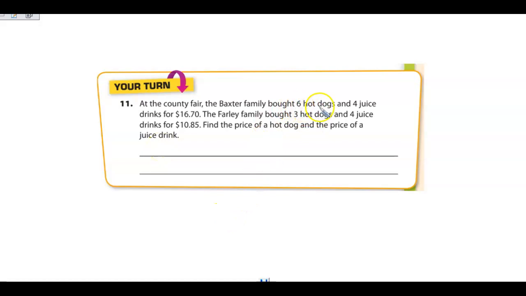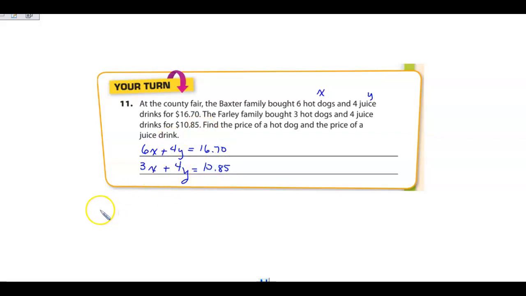So they bought 6 hot dogs, that'll be our x, and 4 juice drinks, and that'll be our y. So we have 6x plus 4y equals 1670. Then we have 3x plus 4y, and that was a total of 1085.